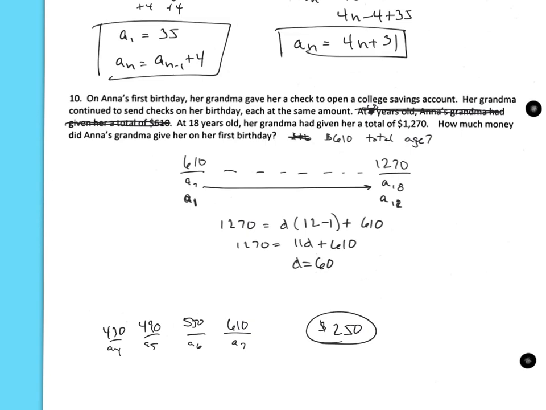Or you could do the algebra and set it up, because you're looking for a sub 1, and you have all the other answers, so it wouldn't be that hard to figure out, right? So how would we set this up? 610, and our difference is 60 times 7 minus 1 plus a sub 1. So you could do it that way as well.